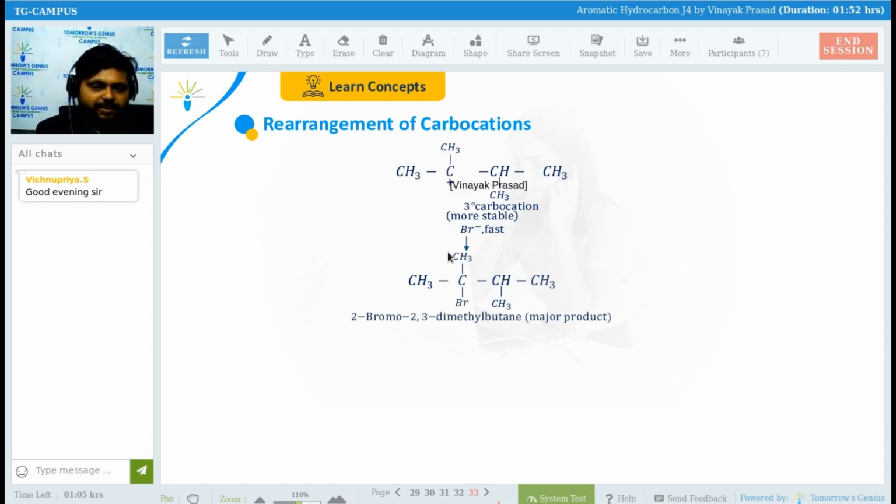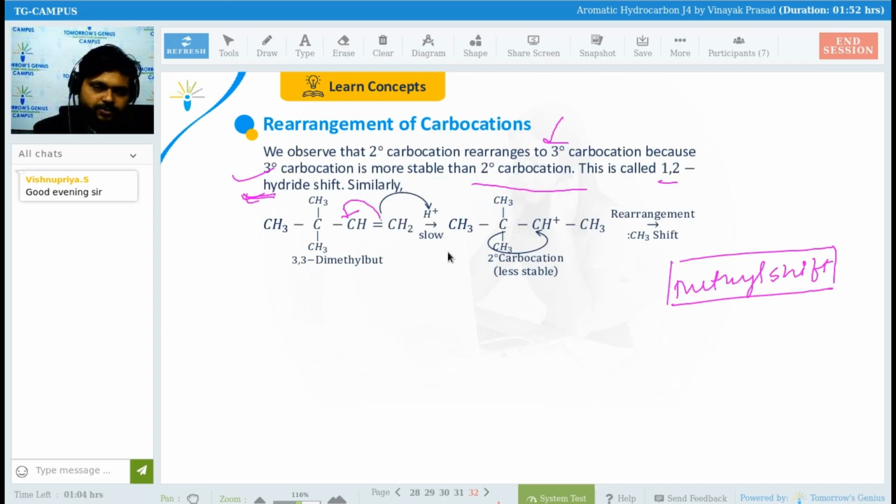The CH3 from this carbon will go to this carbon. Now this is 3 degree carbocation. This is more stable, and Br will attack this carbocation. So see here, a 4 degree carbon is there.